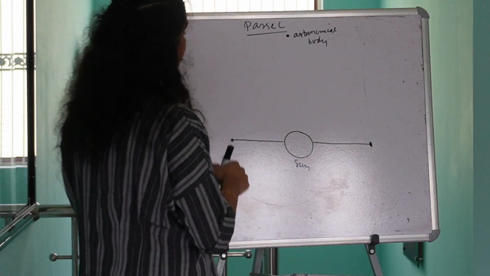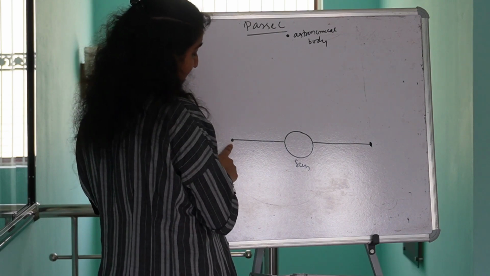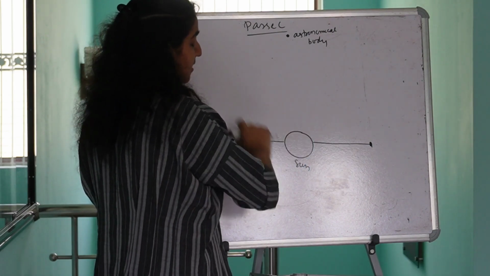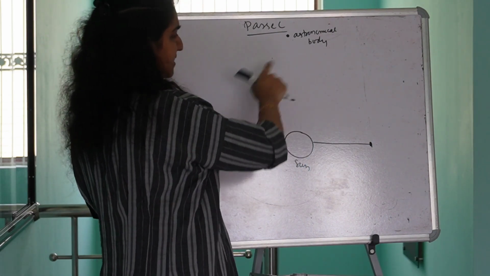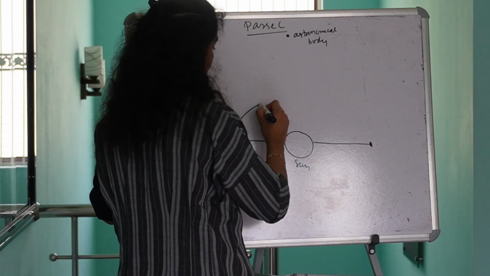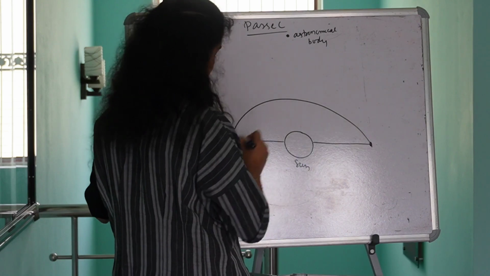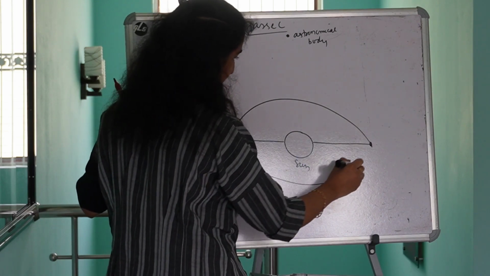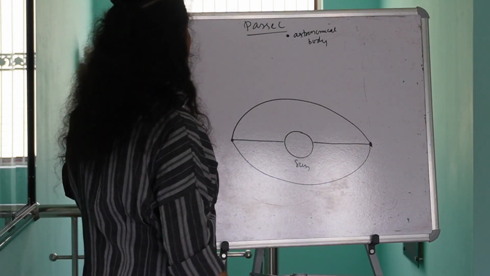Initially the earth was placed here, and after 6 months it reached the diametrically opposite point. So the orbit of planet earth will be like this.